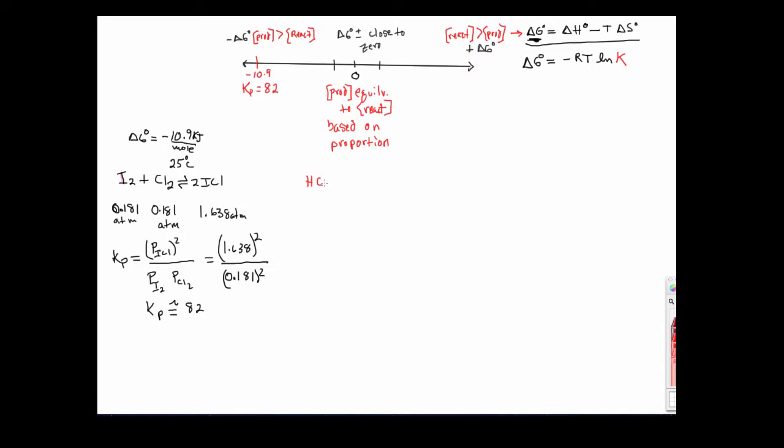Okay, so we're going to have the reaction of HC2F3O2. This is an acid. And it produces H3O plus and the anion C2F3O2 minus. Again, this is at 25 degrees centigrade.